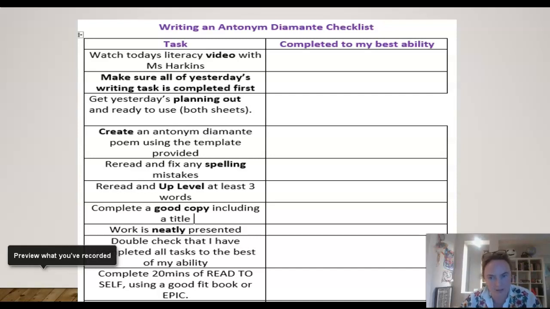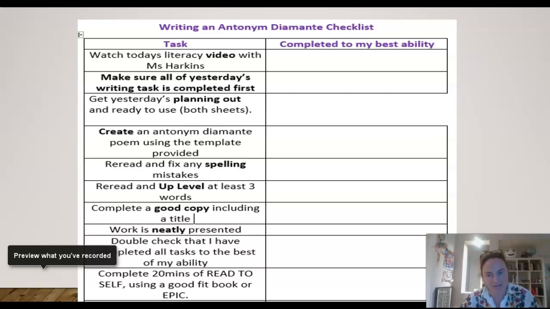Okay, the next thing on the checklist, work is neatly presented. If you're in my class and I don't think you've presented your work as neatly as you possibly can, I will be asking you to redo it. Presenting our work neatly and focusing on our handwriting or our presentation skills on the computer are very important.